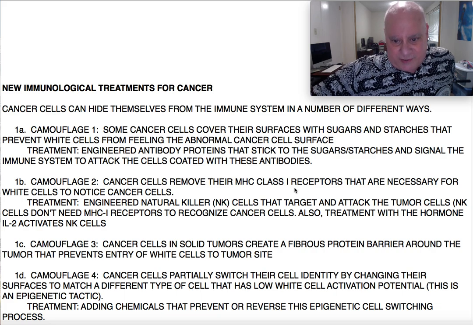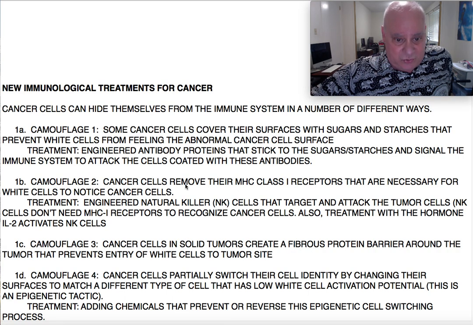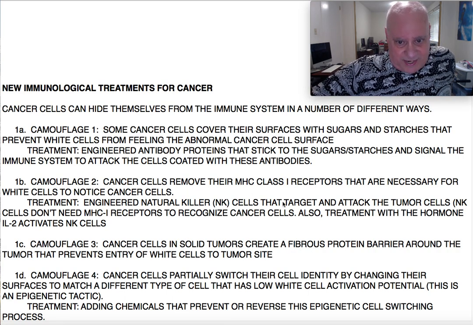And most white cells feel for abnormal surfaces, but the abnormal surface has to also contain these normal receptors in order for the immune system to attack it. And so some cancer cells are dysregulated or have mutations that stop them from making these class 1 receptors, so the immune system can no longer even see those cells.